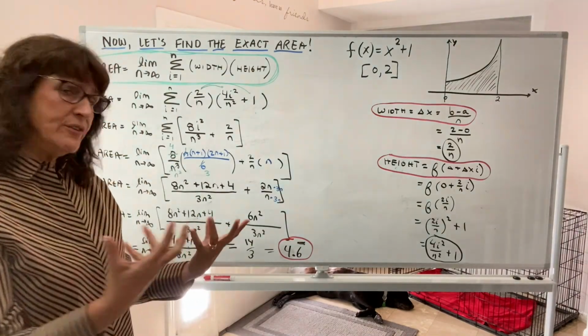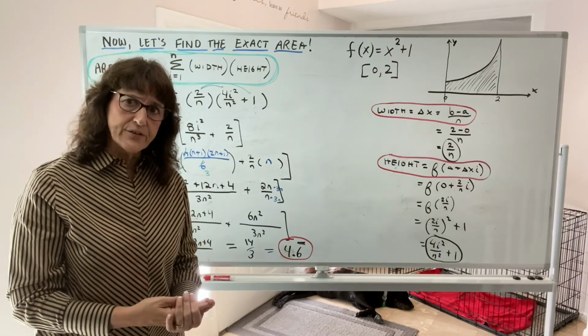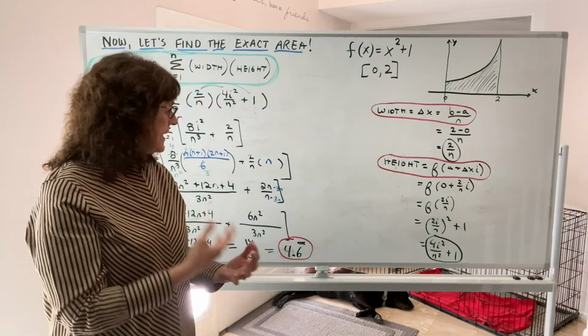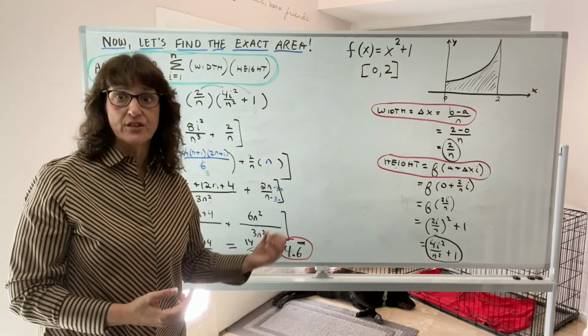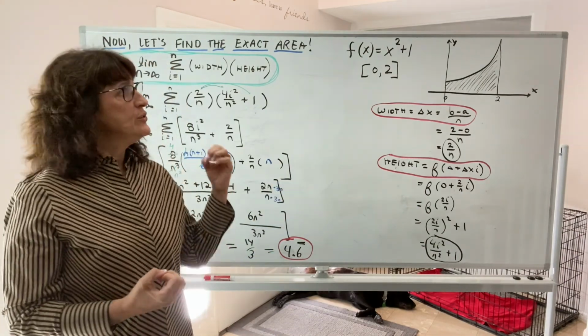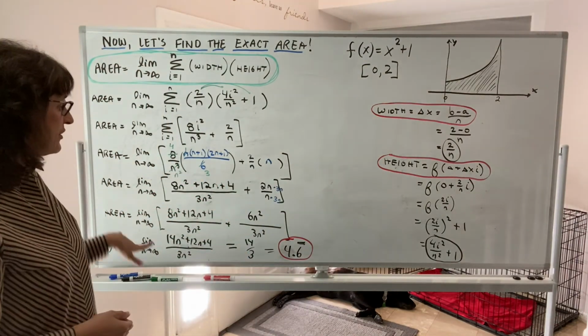We're using rectangles to approximate the area under the curve. If you want to get the exact area of an irregular shape, you would have to use infinitely many rectangles, and this is the process that you would use to go through that.